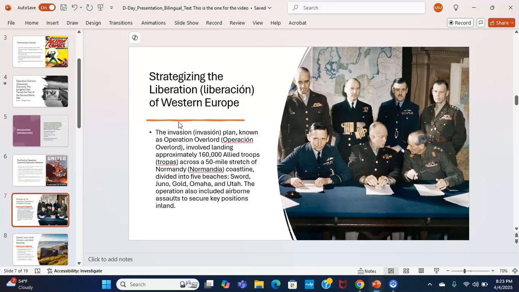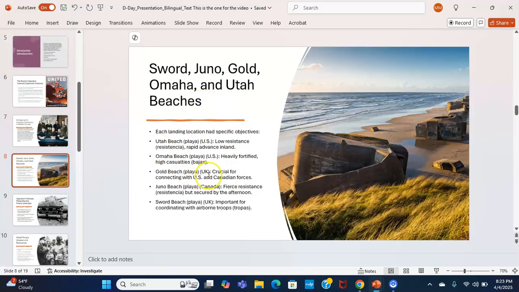We reinforce content with bilingual visuals. The invasion, invasión, beach, playa, resistance, or resistencia. And here are the little captions about the beaches and who invaded them.